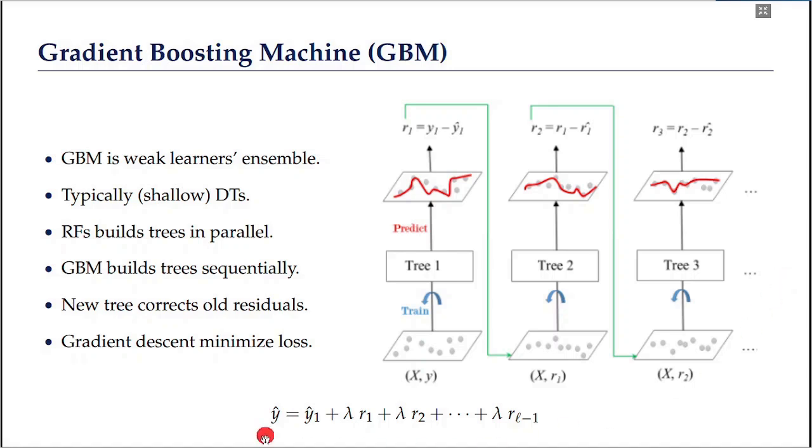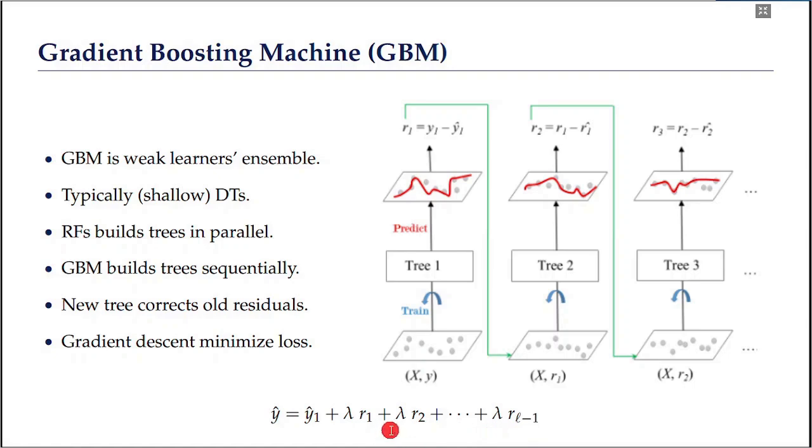So the final prediction will be y hat, which equals y hat 1, the first prediction, plus lambda times the residuals of the first decision tree, plus lambda times the residuals of the second decision tree, plus lambda times the residuals of the last decision tree.